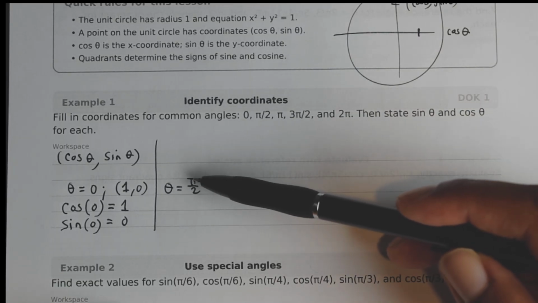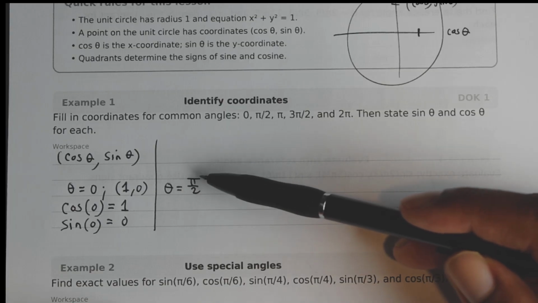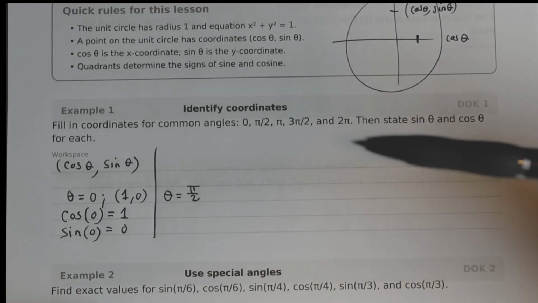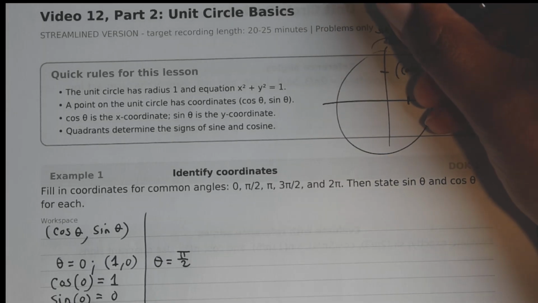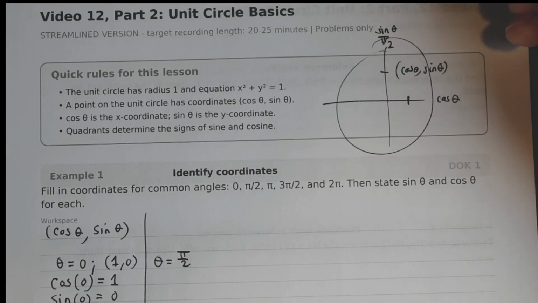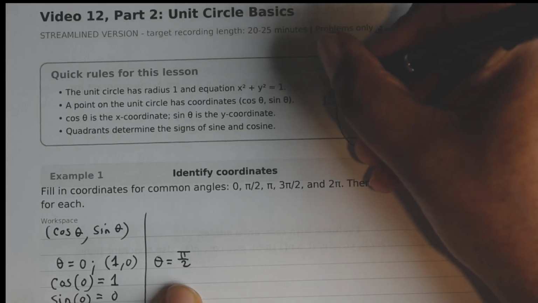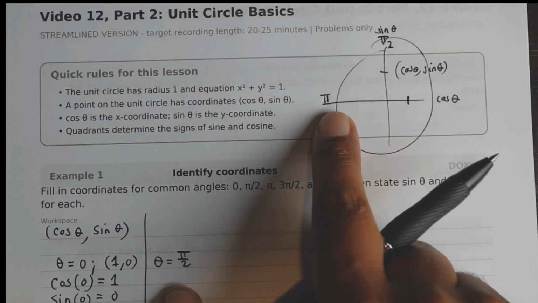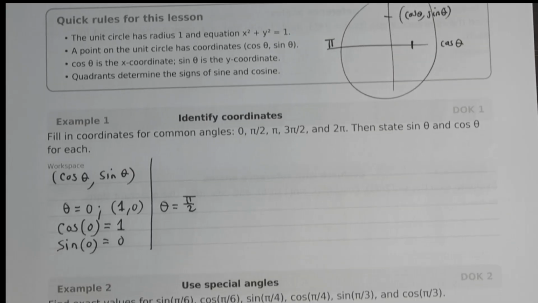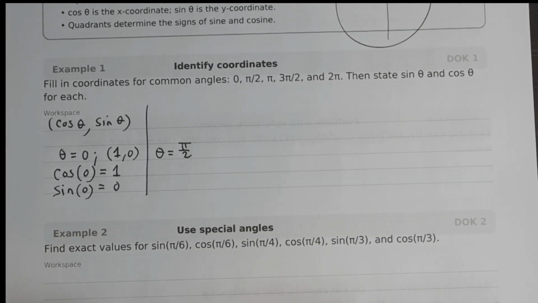So theta is pi over 2. All right. So I'll just put that over here. So when you get to 90 degrees, we're talking about pi over 2, right? So pi over 2 is 90 degrees. Remember, 180 degrees is actually pi. So the point is at the top of the unit circle.